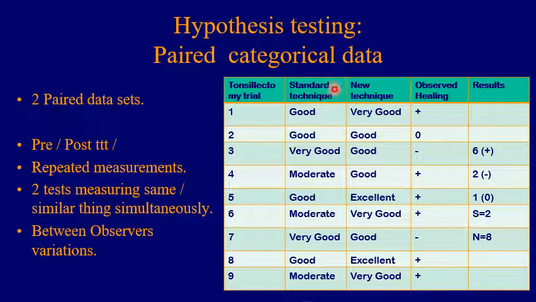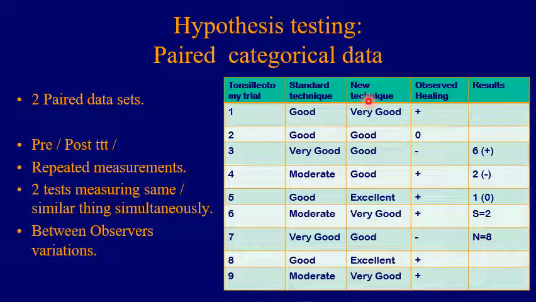Now, these two related sets of data can be observations on the same patient before or after a certain treatment, or it can be repeated measures on the same patient, or it can be two different tests carried out on the same patients, like examining a tumor by, for example, an ultrasound, or examining the size of the tumor in the second group by an MRI scan or pathology.